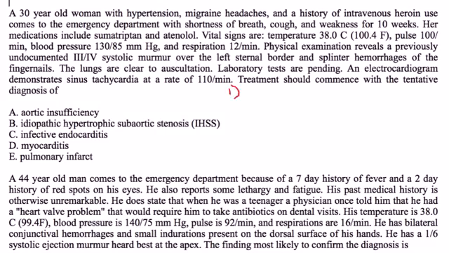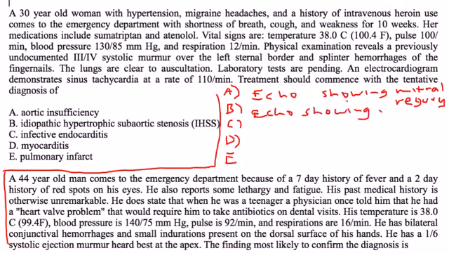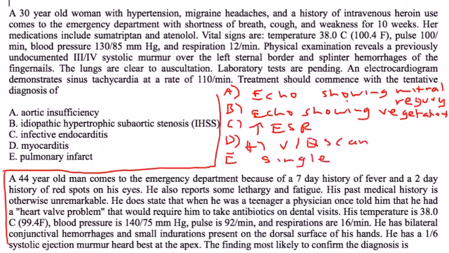So you've got A, B, C, D, and E. A is an echocardiogram showing mitral regurgitation, B is an echo showing vegetations, C is an elevated erythrocyte sedimentation rate, D is a positive VQ scan, and finally E is a single positive blood culture. So those are the answer choices.